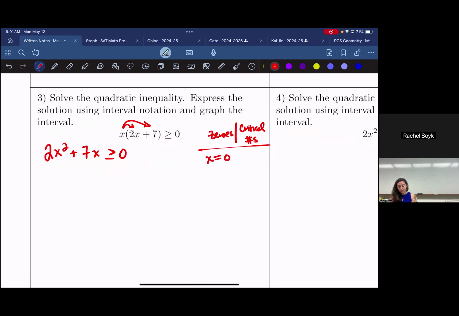And then for the other one, set your 2x plus 7 equal to 0, which is just 2x equals -7. So x equals -7/2. Now let's go ahead and create our number line.